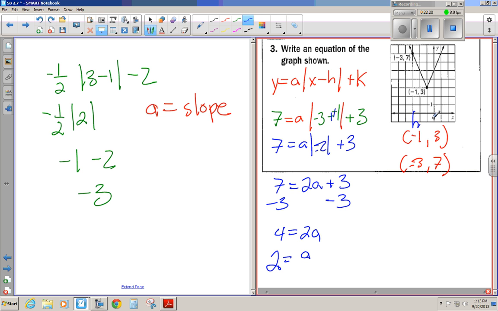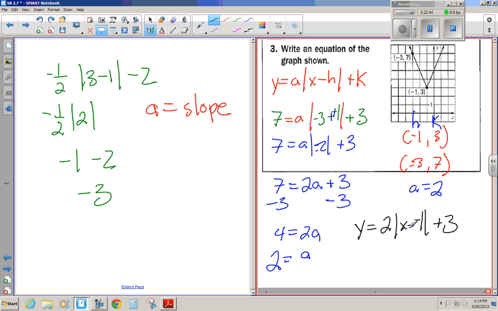So now I know H and K, I know A is 2, so when I write the equation, and remember I want to do minus 1 plus 3.